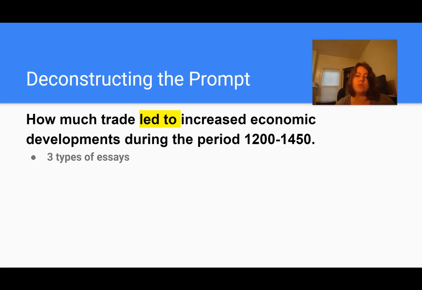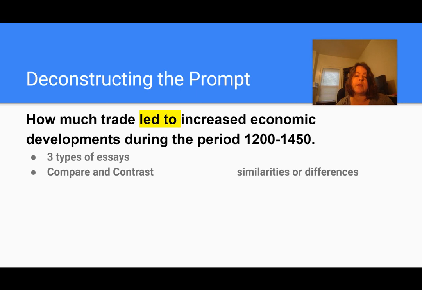These hold true for your LEQ essay, the one without the documents, but the DBQ can deviate, though this process generally works for the DBQ as well. You have a compare and contrast.